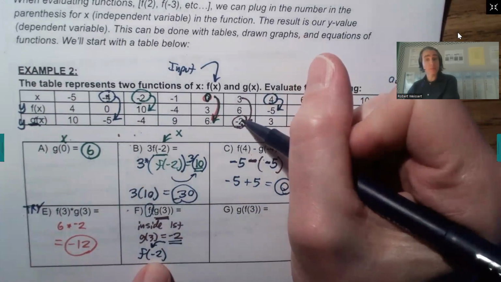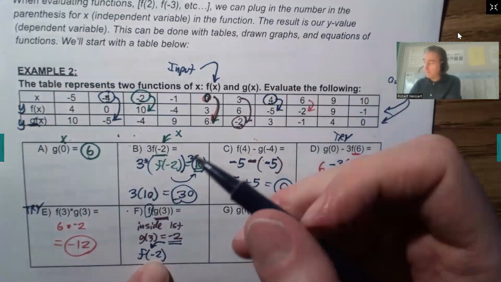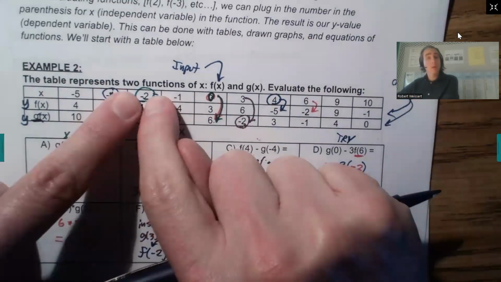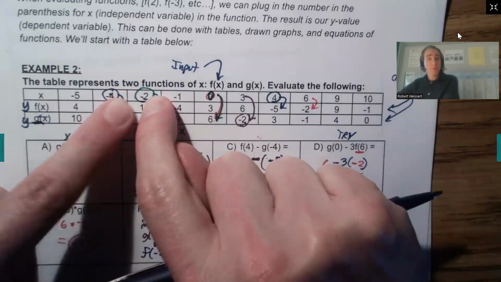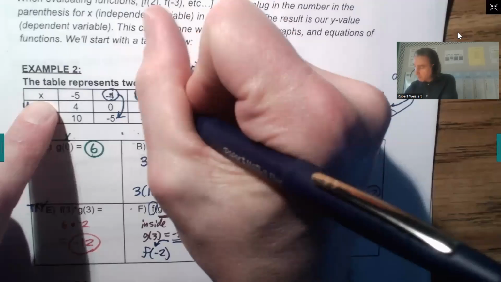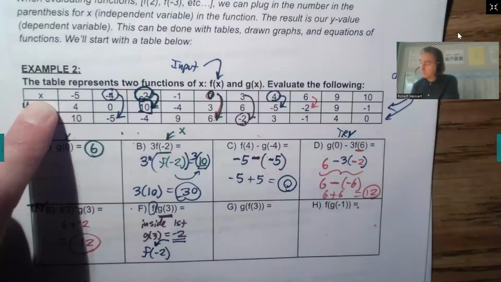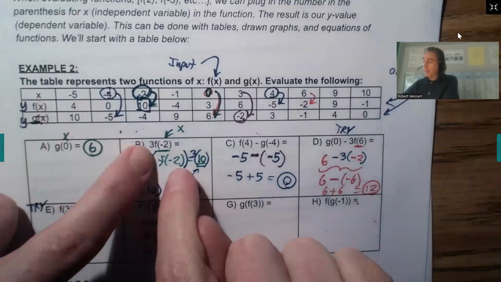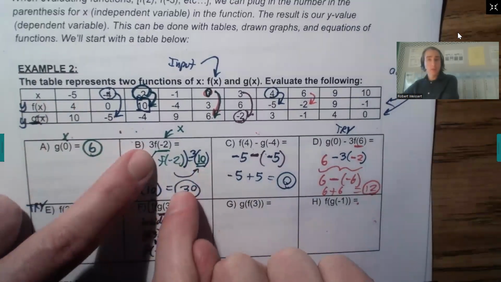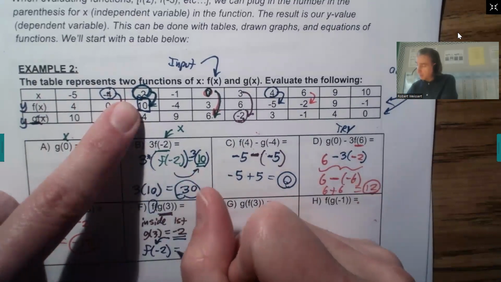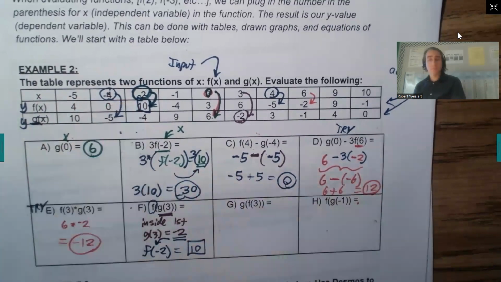Negative 2 now becomes the number I plug in to the f function. So I need to go over to negative 2. And notice that negative 2 for the f function gives me 10. In fact, we calculated that up there, didn't we? f of negative 2 is 10. So your answer for this is going to be, when it's all said and done, 10, right?